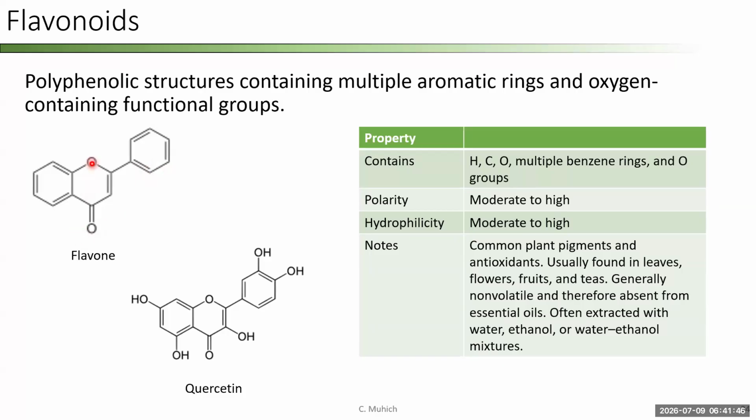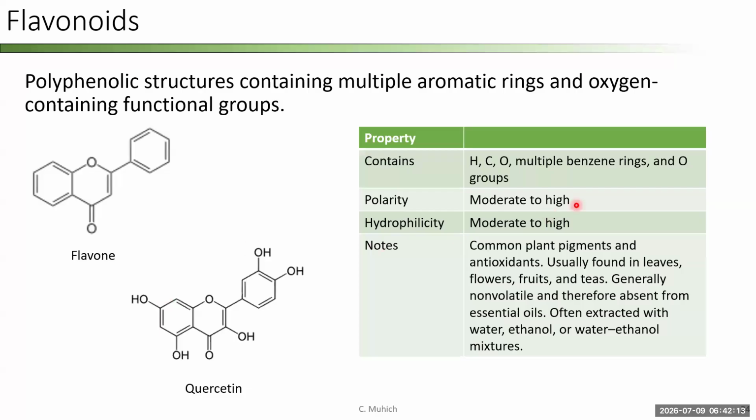We've got our ketone sitting right here. And we can continue to decorate this with various other functionalities. So here's quercetin, which is the same flavone, just with alcohol groups around the ring.